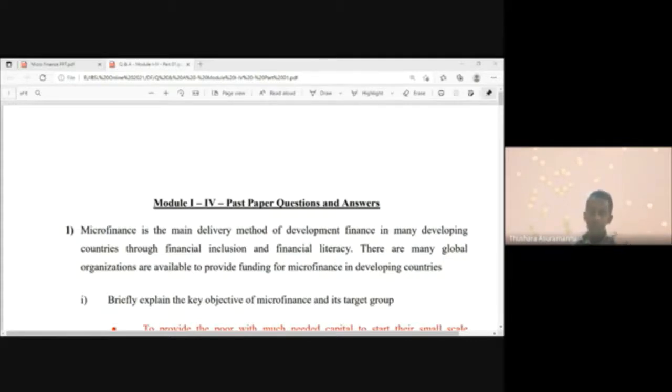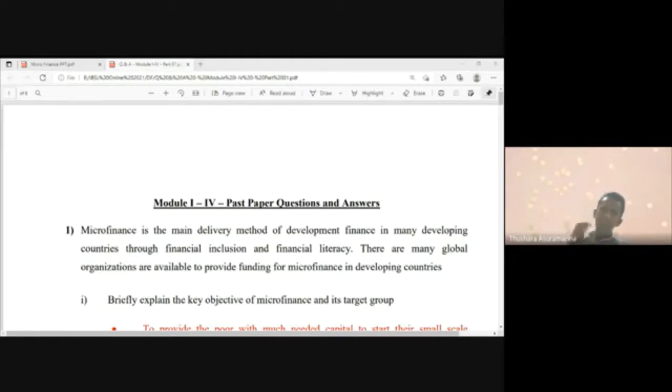So the first question is basically: explain the objective and the target group. That's what they ask in part 1 for 5 marks. Here, if you remember, there were a couple of objectives. In the reading materials also I have given 5 or 6 objectives. You can write 3 or 4 objectives here.